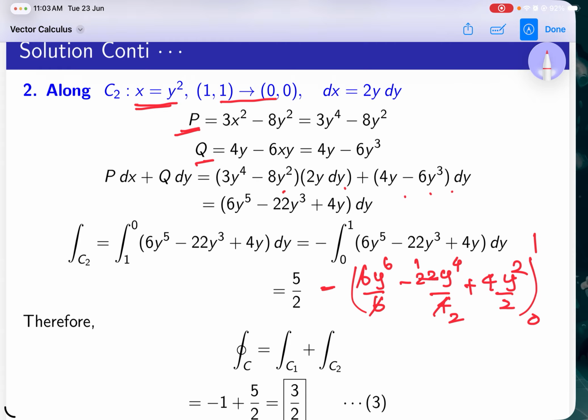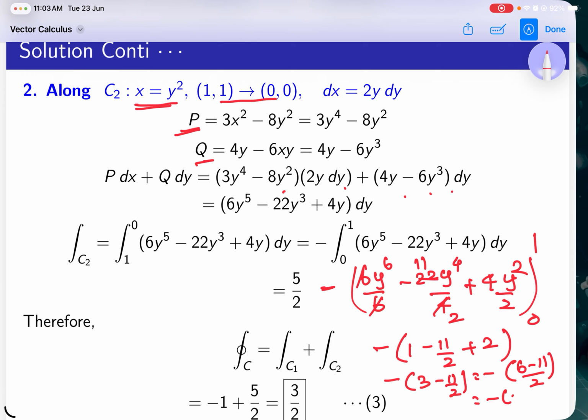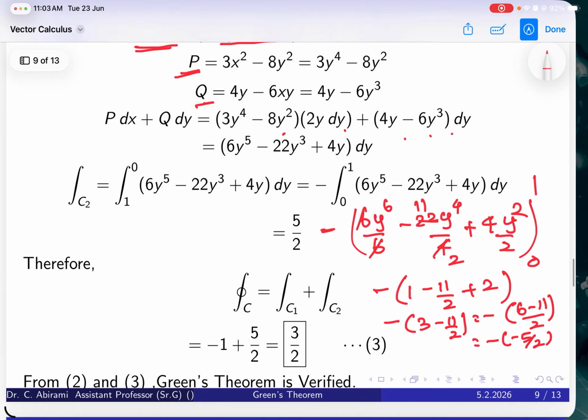So this is 2, this is 11. Now you can apply the limits: 1 minus 11 by 2 plus 2. So 1 plus 2 is 3. 3 minus 11 by 2, the answer is 6 minus 11 by 2. 6 minus 11 by 2 is minus 5 by 2. Minus into minus is plus. So the answer is 5 by 2.